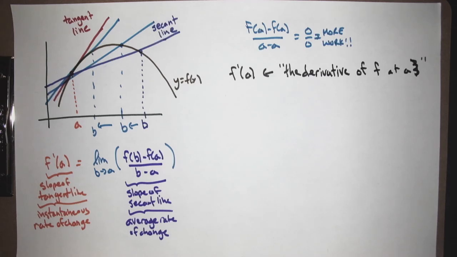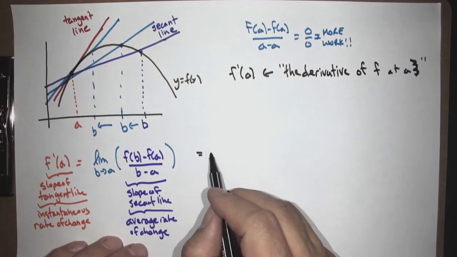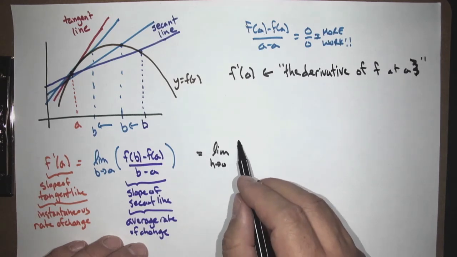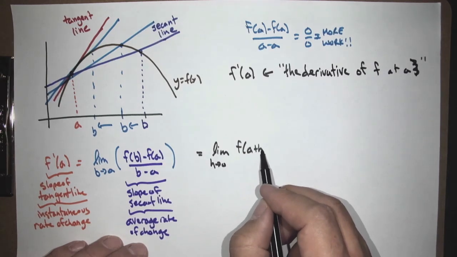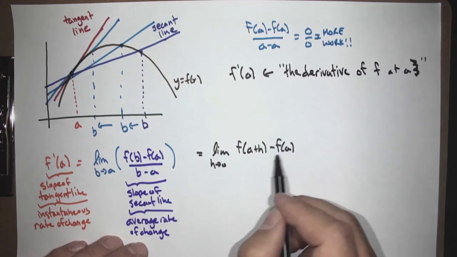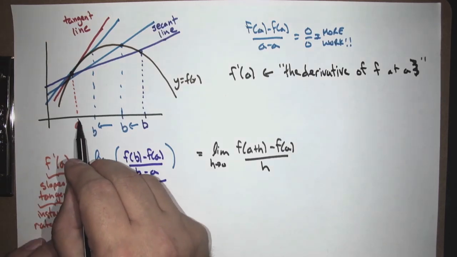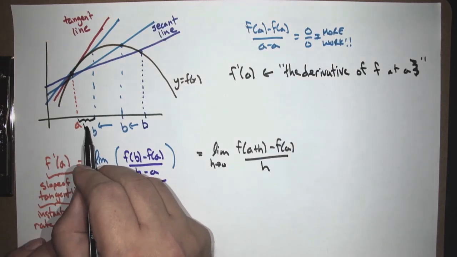Now, there are two variations for limits. There's another variation, which is the following. This is the limit as h goes to 0, f of A plus h minus f of A over h. Now, what is this A plus h? Well, you're thinking of h as just moving a little bit.